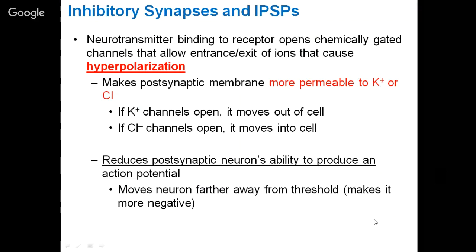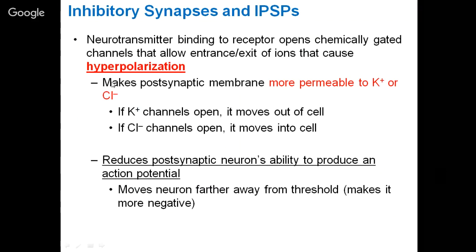With regard to the inhibitory synapses, the neurotransmitter binding to the receptor opens chemically gated channels that allow entrance or exit of ions that cause hyperpolarization. We have learned that when the nerve is hyperpolarized, you have to have a very strong stimulus to make it polarized again, or it's really kind of impossible to stimulate.